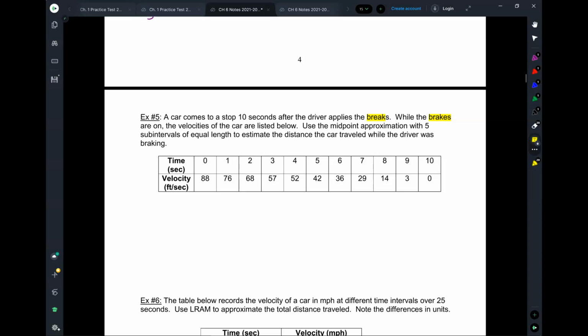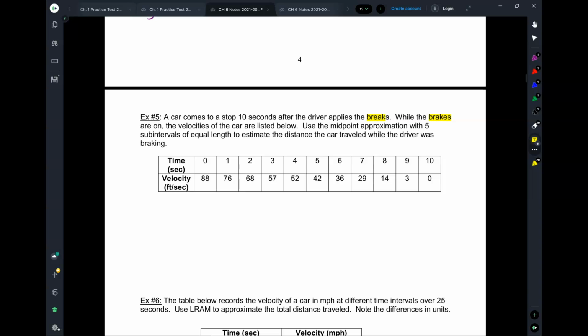Okay, anyways. While the brakes are on, the velocities of the car are listed below. We want to use the midpoint approximation with 5 subintervals of equal length to estimate the distance the car has traveled.